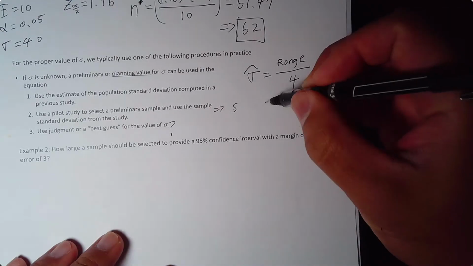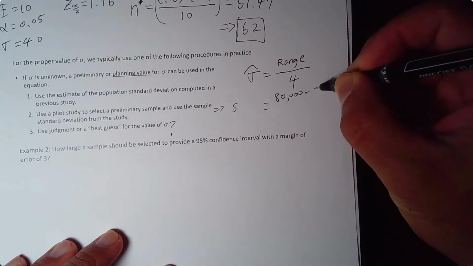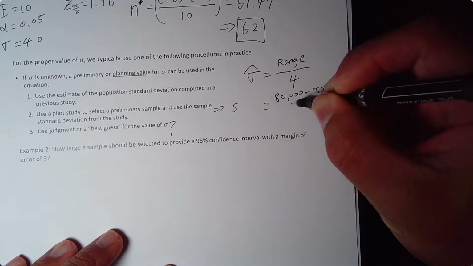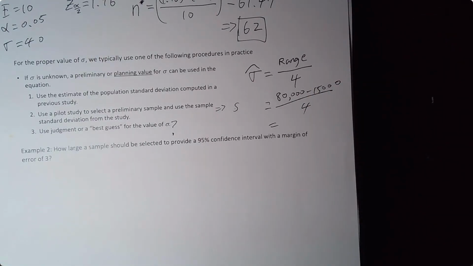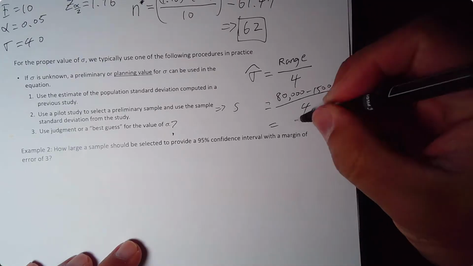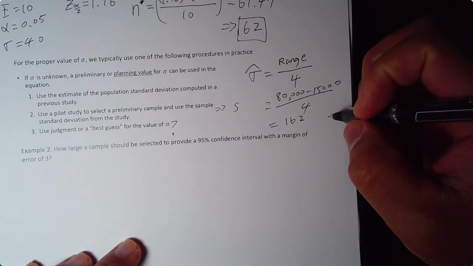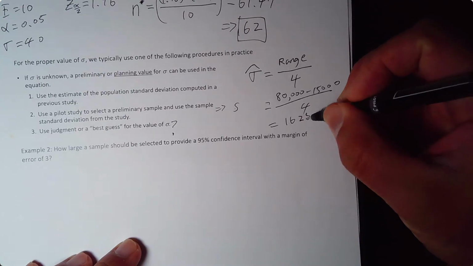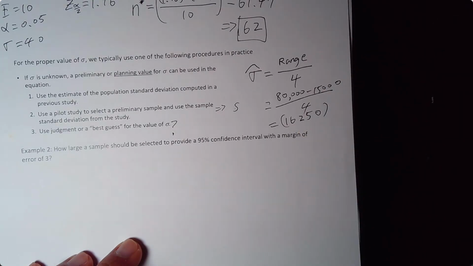Let's see what we get. I get 16,250, and that will be the sigma that I will use for my study.